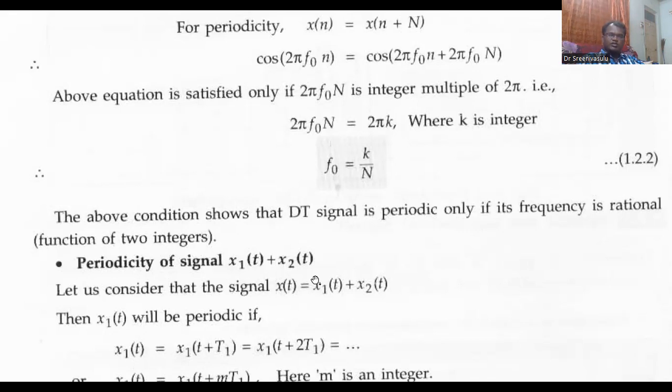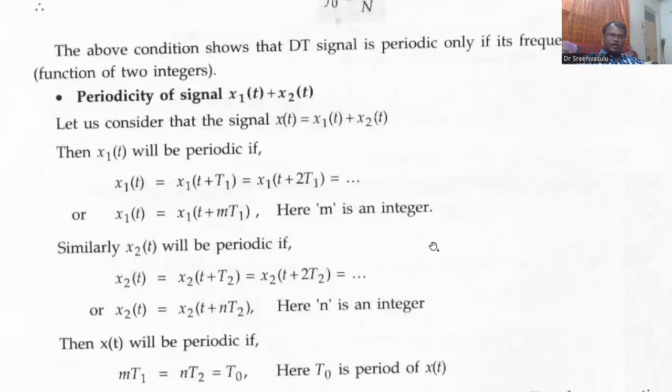In this case, there is an addition of two signals, x1 of t plus x2 of t. First of all, check whether x1 of t is periodic or not. If it is periodic, find out the fundamental period.